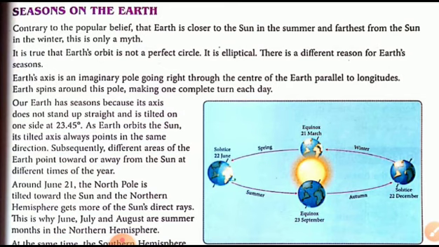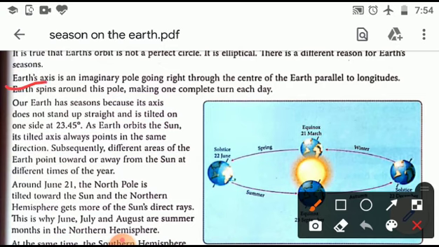Earth's axis is an imaginary line going right through the center of the Earth, parallel to the longitude, that means from top to bottom. So we have the axis passing from the North Pole to the South Pole.